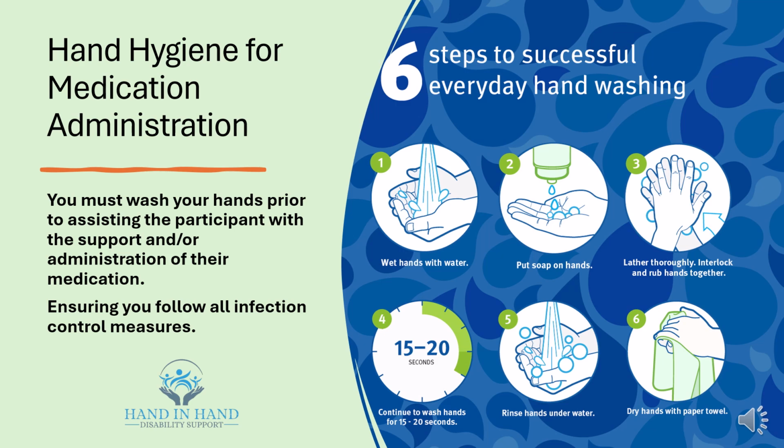Rinse. Rinse thoroughly with clean water to remove soap and any remaining contaminants. 5. Dry hands. Pat hands dry using a single-use paper towel, as cloth towels should be laundered appropriately. 6. Dry hands thoroughly. Ensure hands are completely dry to prevent bacterial growth and transmission of infections.